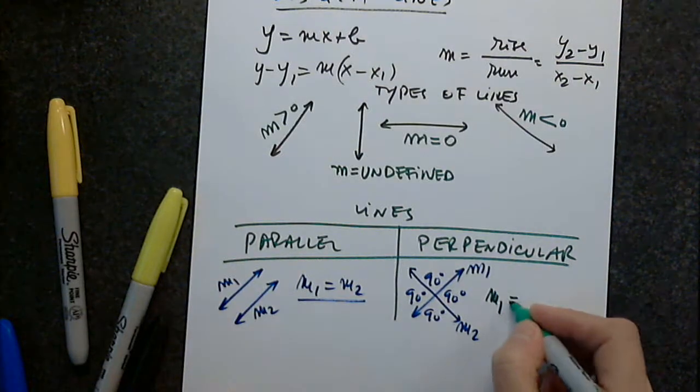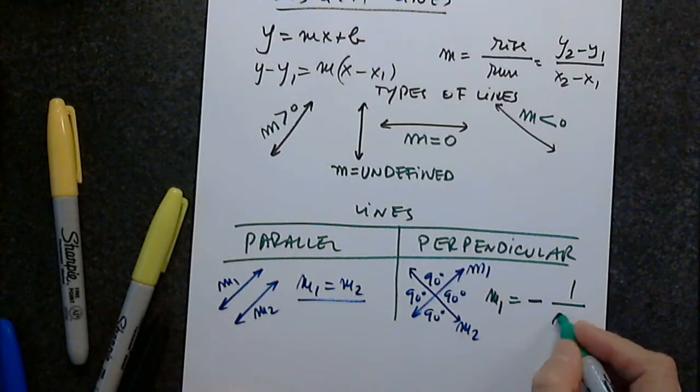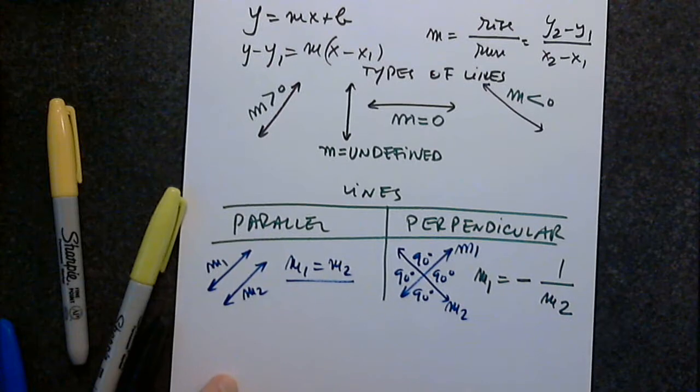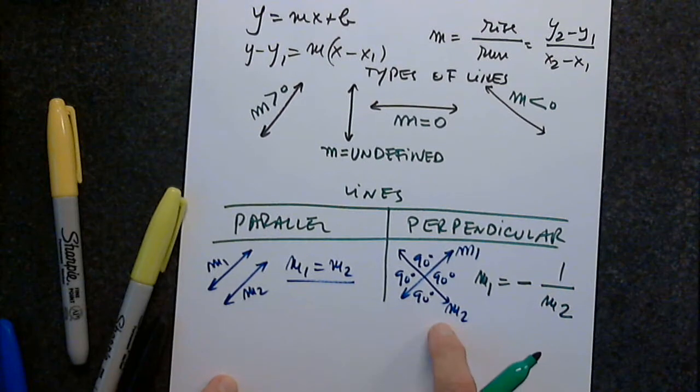So M1 equals the opposite of 1 over M2. If M2 is 5, how much is M1? If M2 is negative 1/2, how much is M1?